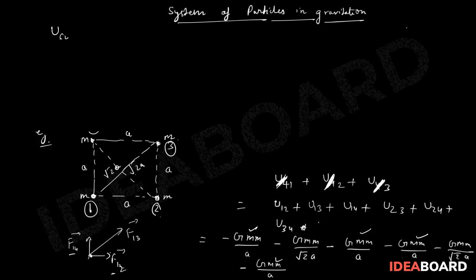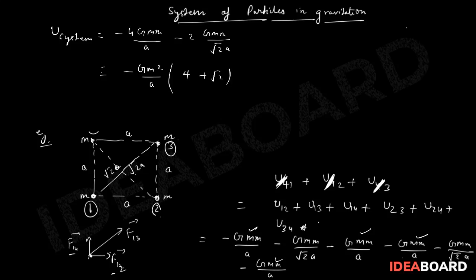So U system is equal to minus 4 GMm upon a, and obviously minus 2 GMm upon root 2a. So this is going to be minus Gm² upon a. This is common, this is 4, this is cancelled out, so this 2 by root 2 will become root 2. So this is going to be the value of U system.